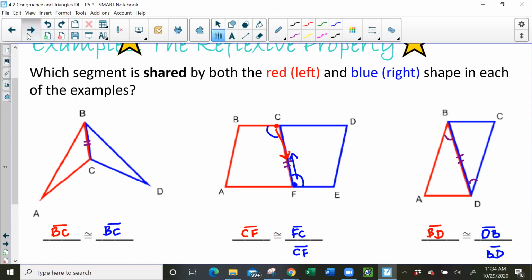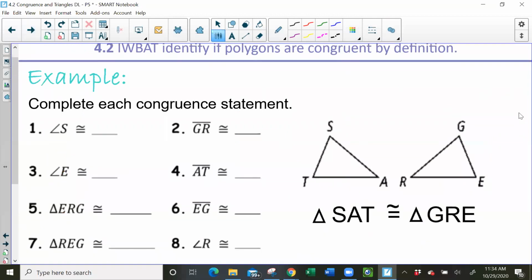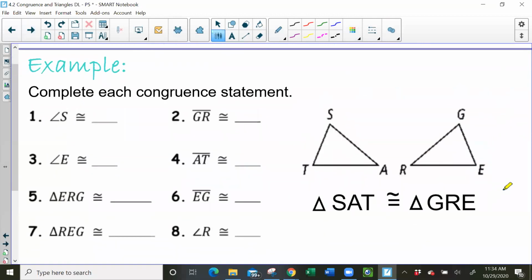All right. So I would like you to draw this little diagram and try to name the corresponding angles and sides. And down here, number 5 and 7, they ask for you to write congruent statements. Triangle ERG, and of course, they're starting with the second triangle, and that's okay.